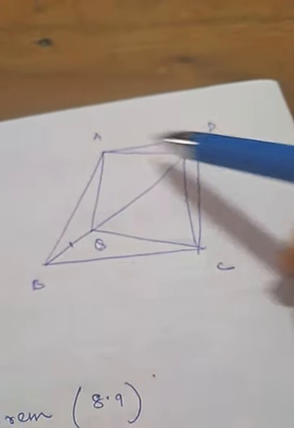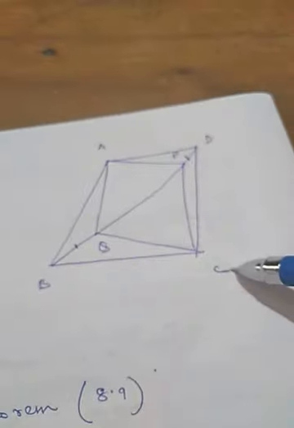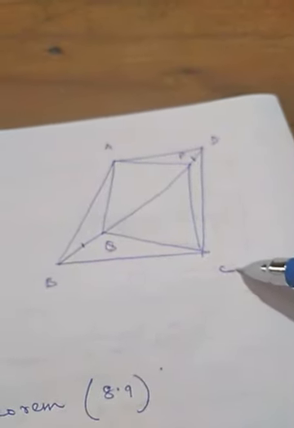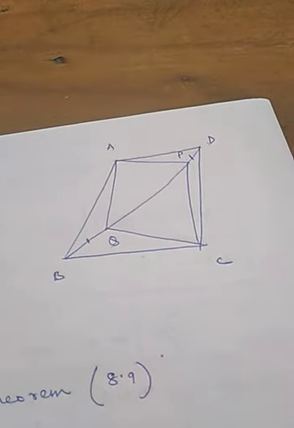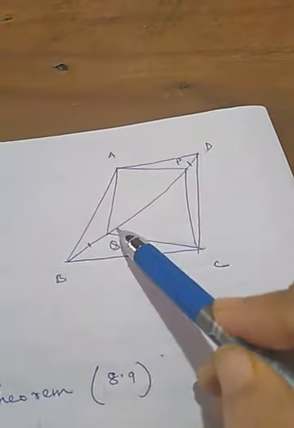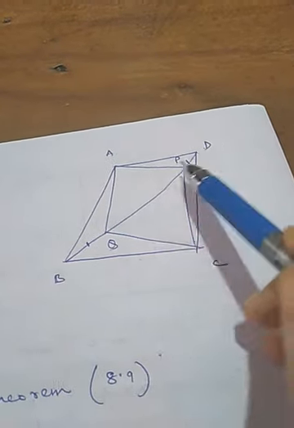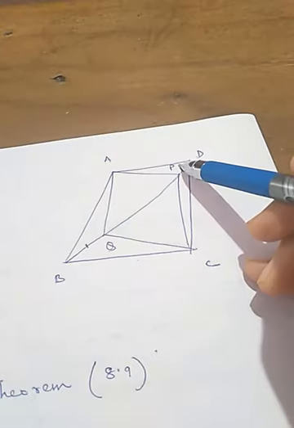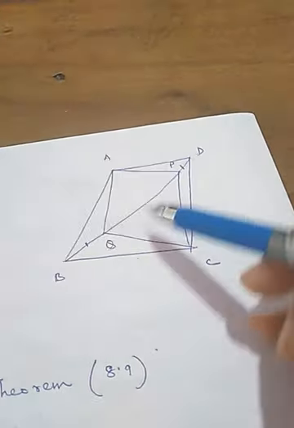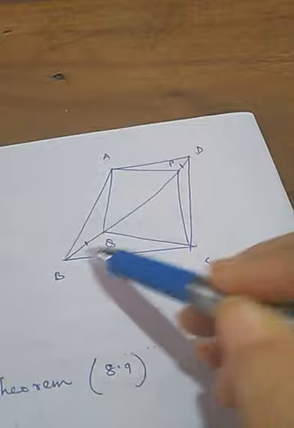You see, since it is a parallelogram, AD equals BC, opposite sides of a parallelogram are equal. Next, DP equals BQ, it is given. Now again, since it is a parallelogram, these two sides are parallel, so angle ADP equals angle QBC.